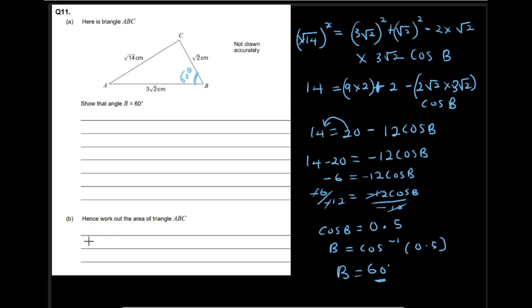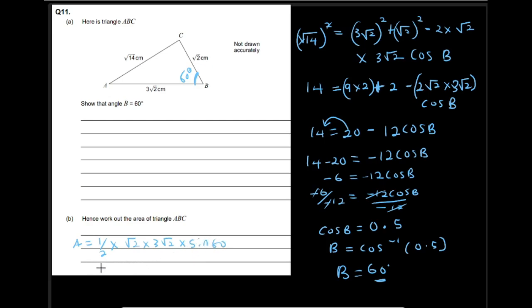So our area is equal to 1 over 2 times root 2 times 3 root 2 times sine 60.